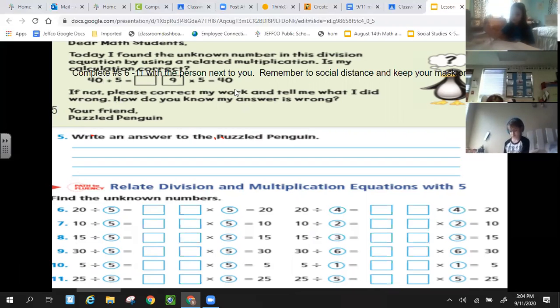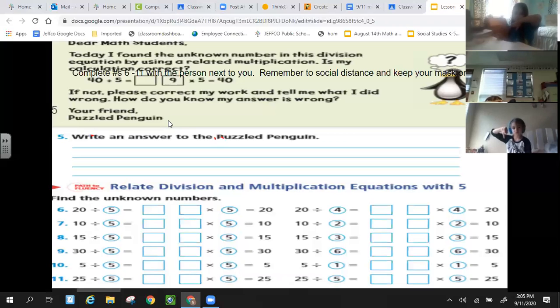If not, please correct my work and tell me what I did wrong. How do you know my answer is wrong? Your friend Puzzle Penguin. First of all, thumbs up if he's right that 9 times 5 is 40. Thumbs down if he's wrong. If you are not sure, here's what I want you to do. Put up 9 fingers.